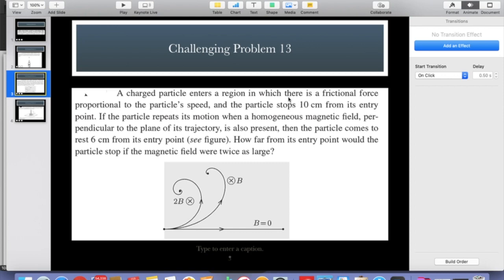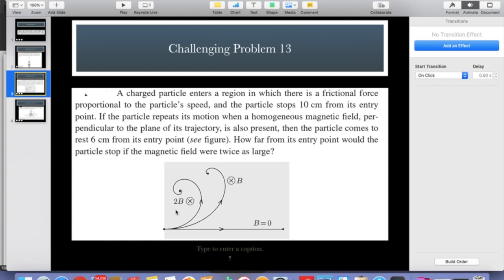In the first case there was only friction force to stop it. In the second case there is friction force as well as magnetic force. The distance given was 6 centimeter in the second case. In the third case you have doubled the magnetic field and you have to calculate the distance traveled by the charged particle in that case.